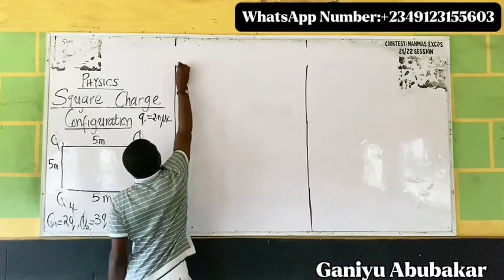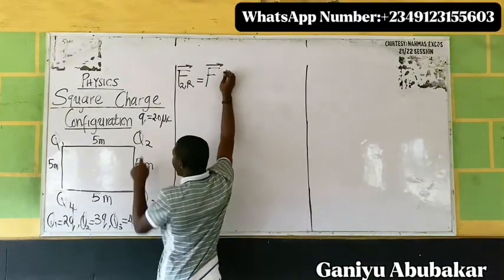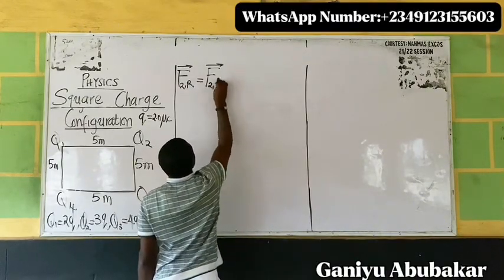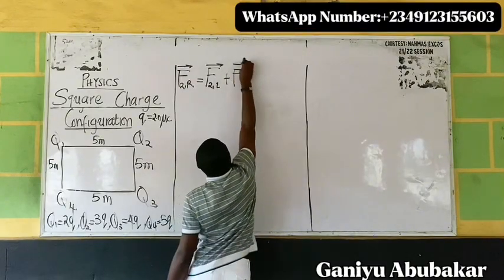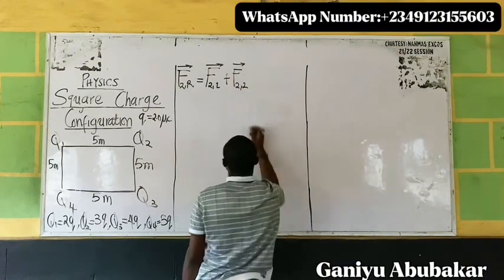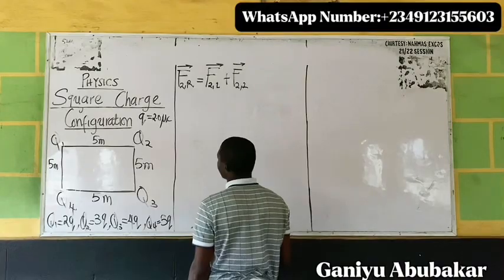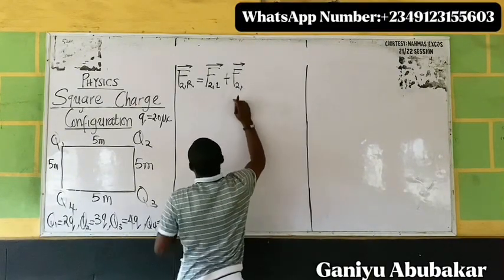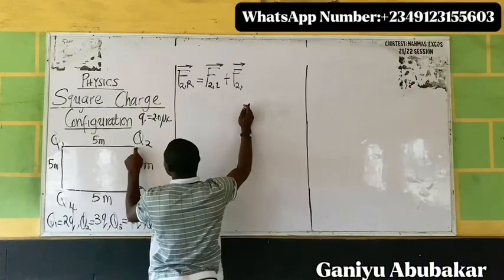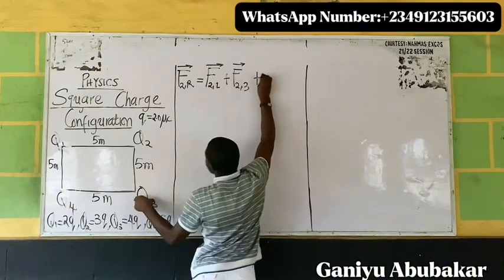So F2 resultant is equal to F21 plus F23 plus F24. The force on charge Q2 comes from Q1, Q3 and Q4.